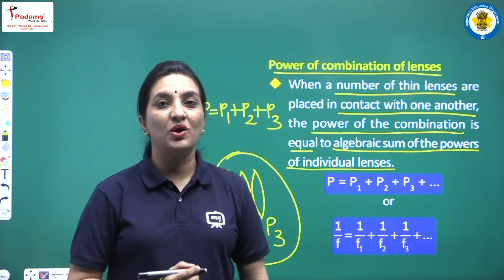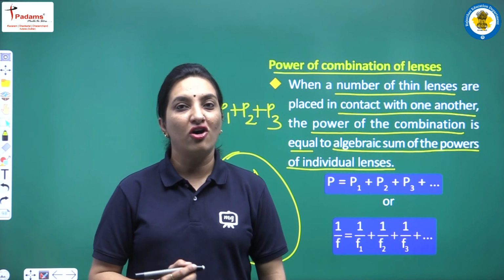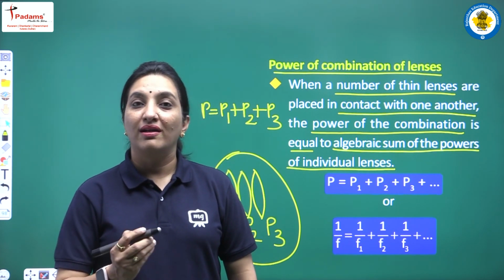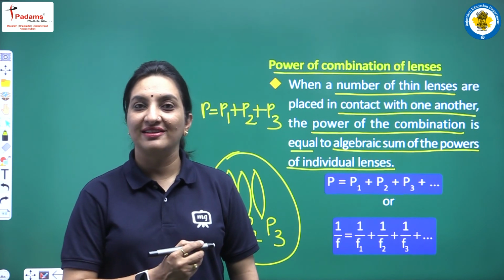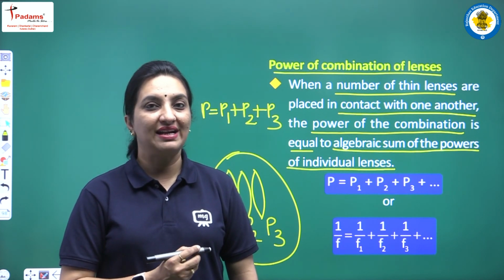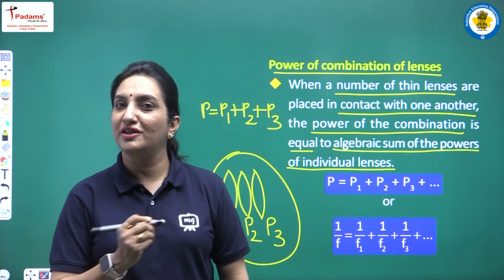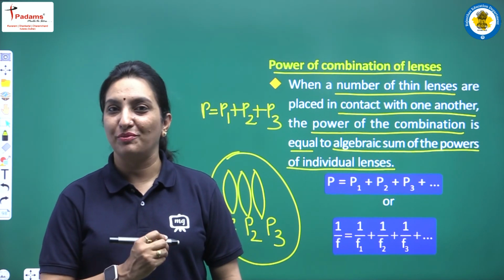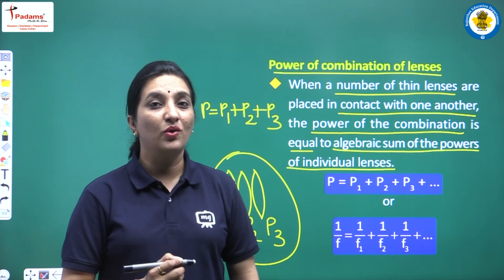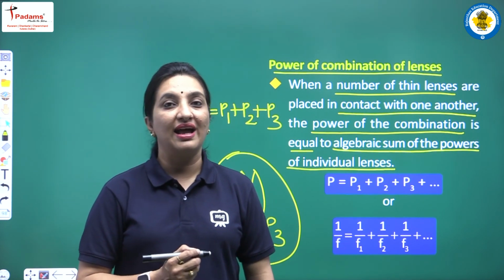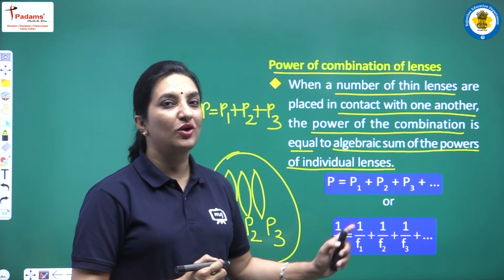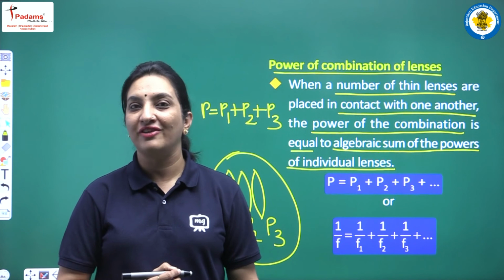Then we learnt about the sign convention for lenses, and then how lens formula is used in case of spherical lenses and how it is different from the mirror formula. Then we studied about the linear magnification and then the power of a lens, and we learnt about the power of combination of lenses.